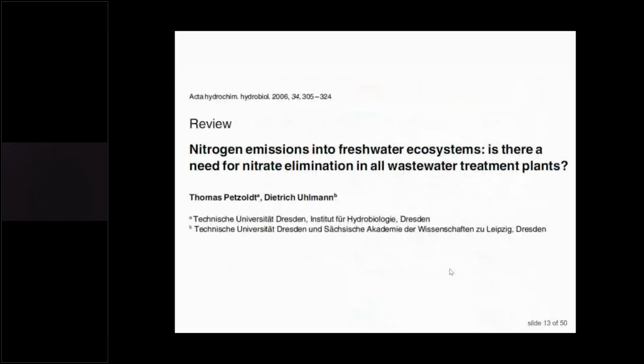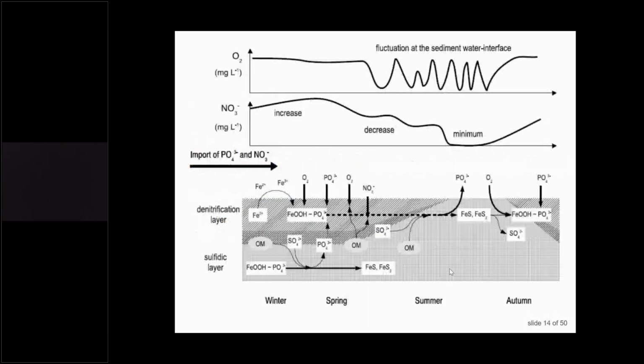One of the early papers that really caught my attention on this topic came out of Germany, and check it out. It's a nice paper, Nitrogen Emissions into Freshwater Ecosystems: Is there a need for nitrate elimination in all wastewater treatment plants? So this paper put forth a simple conceptual model based on their observations in some kind of coastal environment.